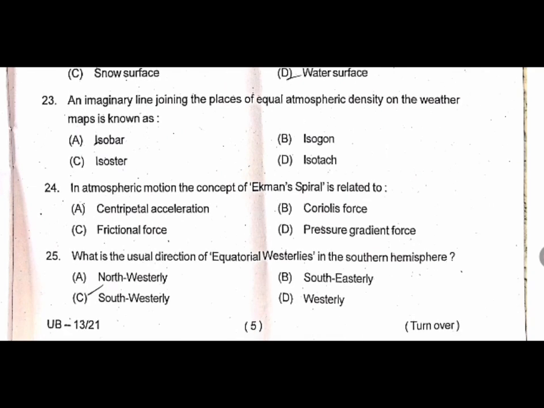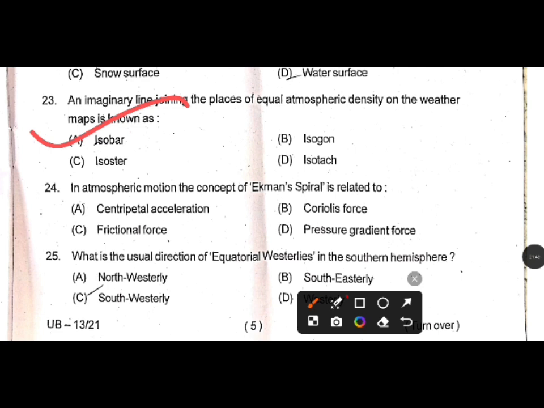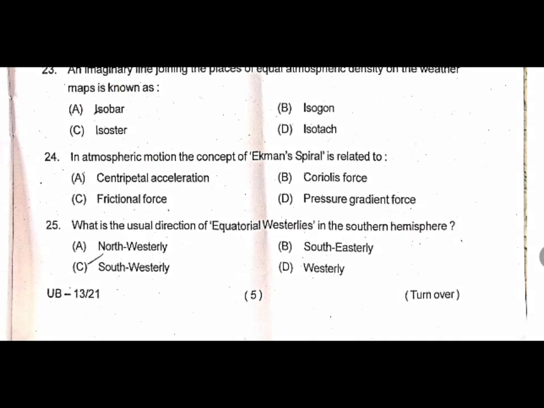An imaginary line joining the places of equal atmospheric density on the weather maps is known as isobar. In atmospheric motion, the concept of Ekman's spiral is related to. ठीक आंसर टी हबो ऑप्शन ए. 25.